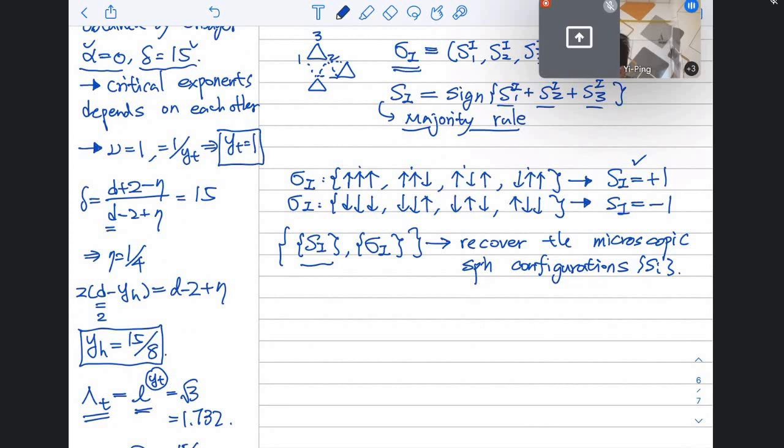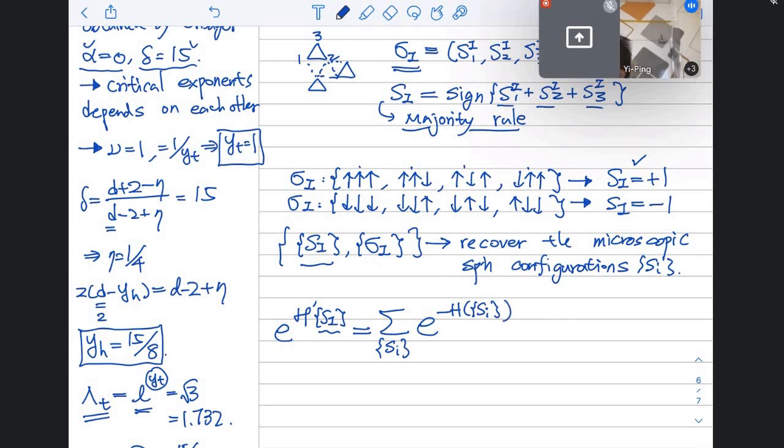In principle, what we are trying to find is the effective Hamiltonian, let's call it H prime, which is a Hamiltonian with the variables of the block spins, the set of these S_i. And how do we get that? Originally we were trying to find this partition function, right?